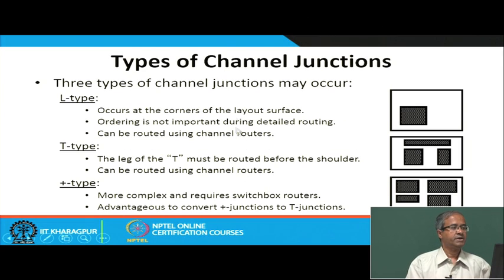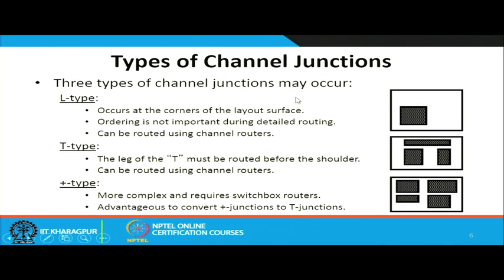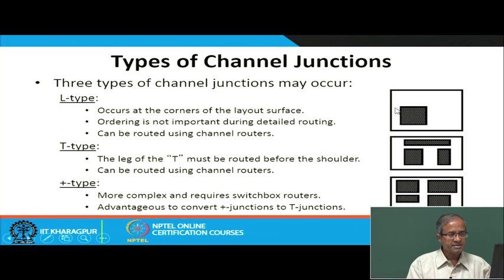Okay. Talking about the channel junctions, 3 types of channel junctions occur in layouts. First is called L type. You see, this is a block which is placed, there is a channel here in vertical orientation, there is a channel here in horizontal orientation, and the 2 channels are connected as an L. Okay.